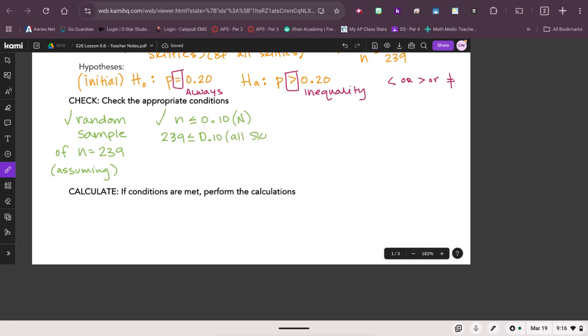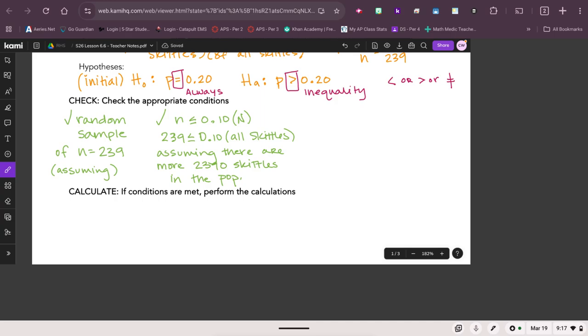We definitely are going to assume that there are more than 2,390 Skittles in the population. That would be the necessary amount. We're talking all Skittles, so it's covered.